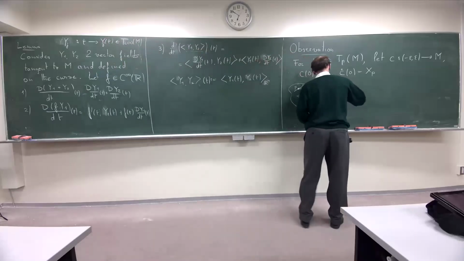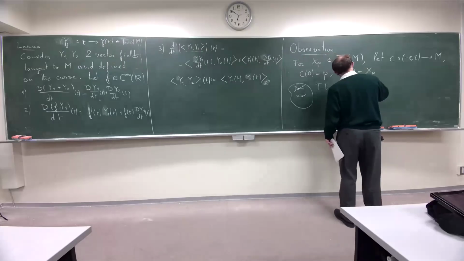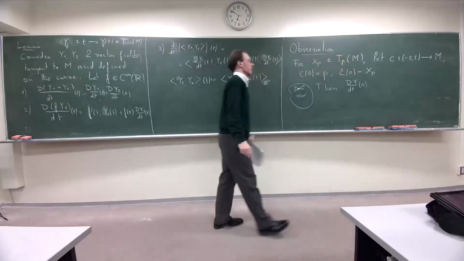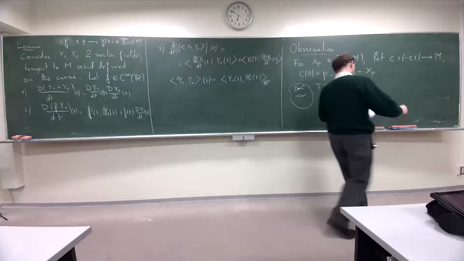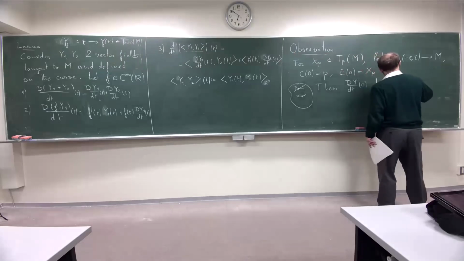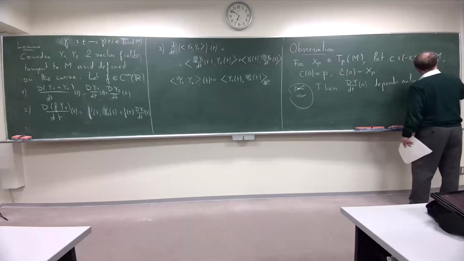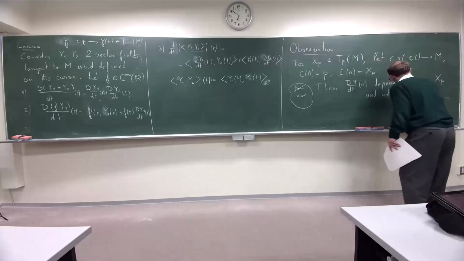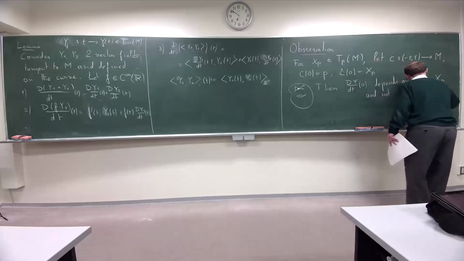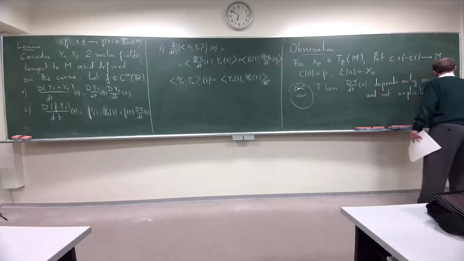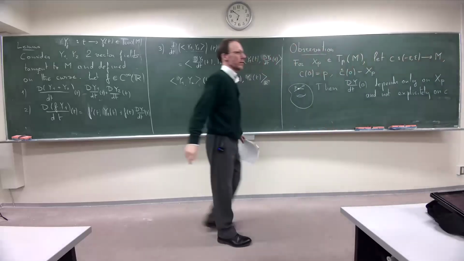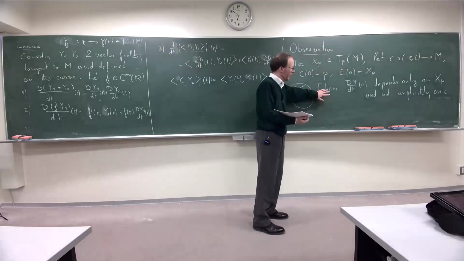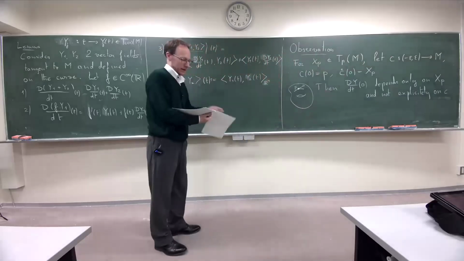Then the important observation is that dy over dt, so the covariant derivative of y along this curve, depends only on this vector and not explicitly on c. We cannot prove it right now. We will, in fact, look at this in a more general context.